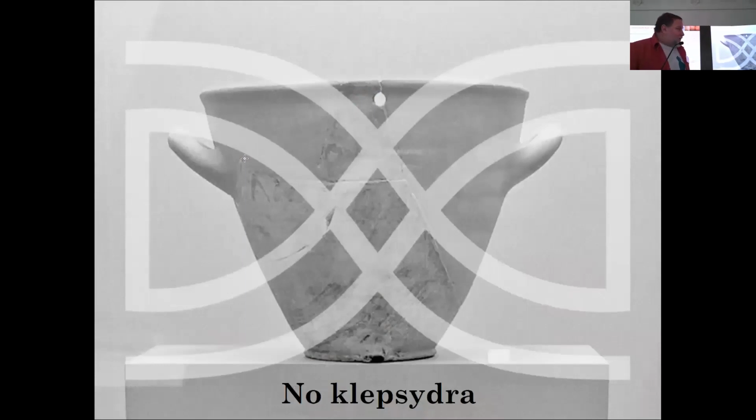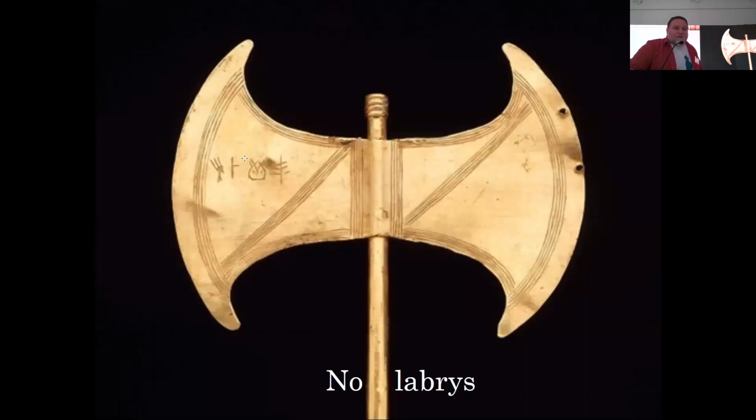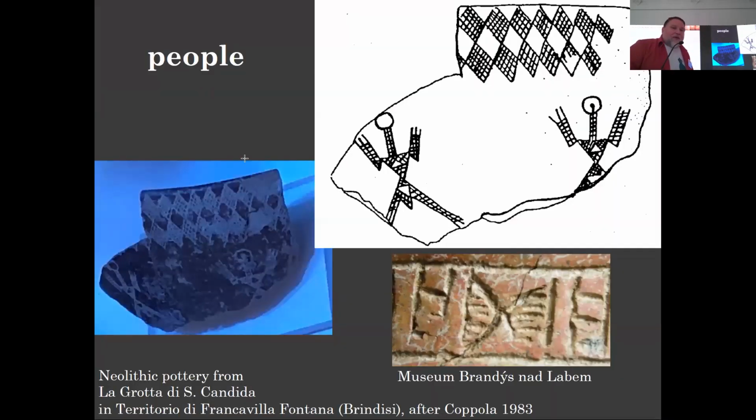They are definitely not a clepsydra, the ancient Greek water clock, which is not related to bell beaker motifs. It's not the double axe labrys, known also from the ancient Greek prehistory. But we can assume that these shapes are representing human beings.